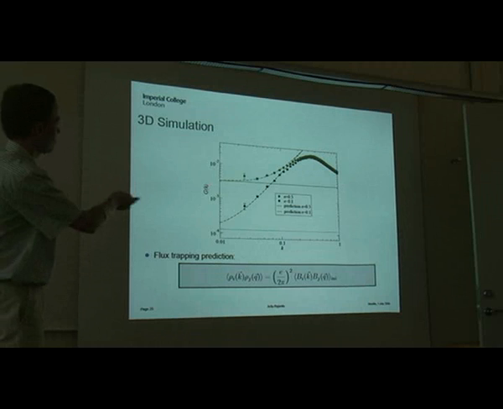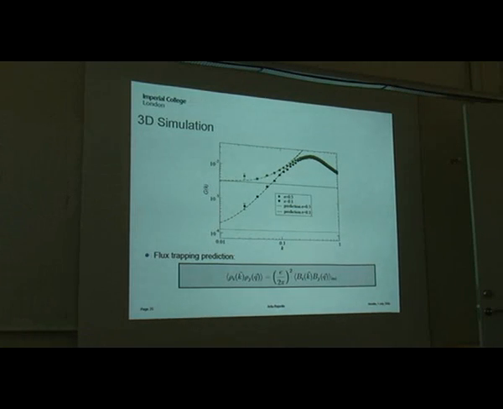The predictions from this flux trapping are the solid lines here. You can see that asymptotically the data really seem to be approaching them. The dashed line is the prediction from the flux trapping plus a one parameter fit to the form that you could expect to get from the Kibble mechanism. And you can see that it fits the data very well.